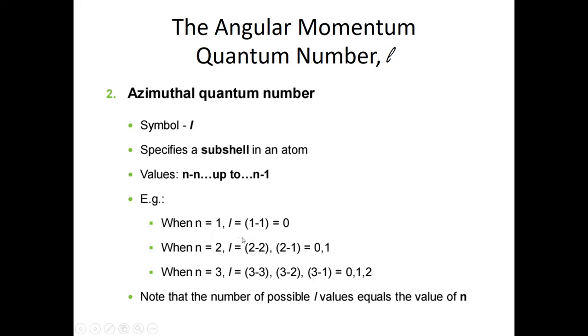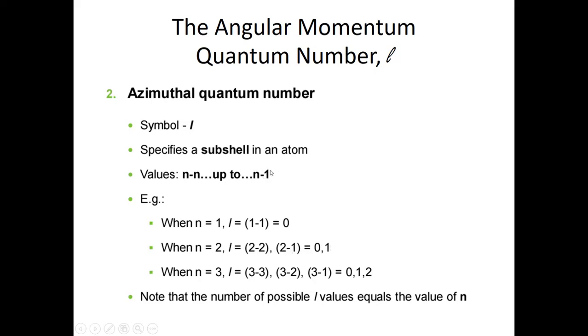And the value is between 1 and negative 1. And when N equal to 2, the value is 2 minus 2, and 1 minus 1 equal to 0, right? And 2 minus 2 equal to 0, and 2 minus 1.